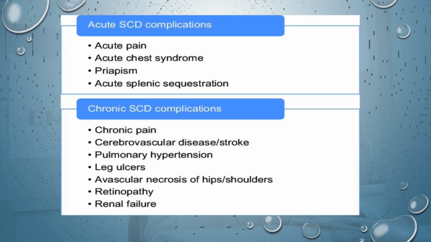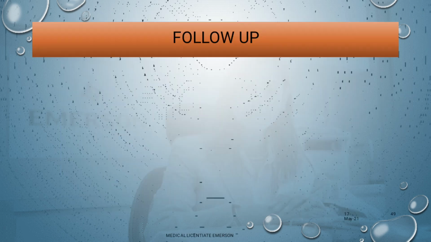Then complications, acute and chronic: acute pain, acute chest syndrome, priapism, acute splenic sequestration, chronic pain, cerebrovascular disease, pulmonary hypertension, leg ulcers, avascular necrosis of hips or jaw or shoulders, retinopathy, renal failure. Then here we can even add cor pulmonale as well. And of course, there are also other complications.